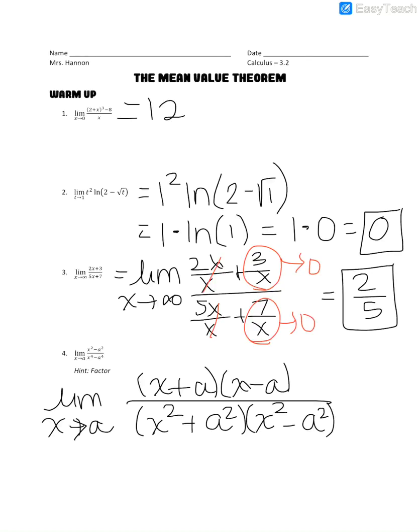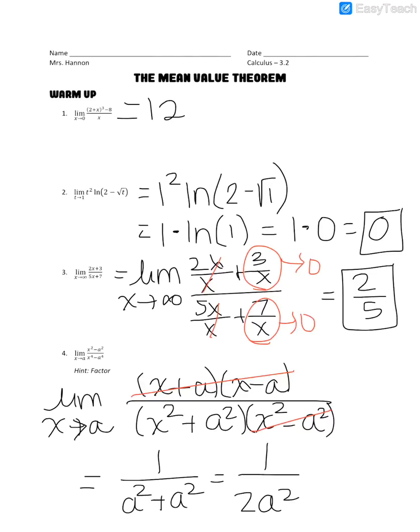And actually I'm noticing if I didn't factor the top, I would just cancel that x squared minus a squared, so I know that's this. So I'm going to cancel that. And then here I'm ready to go ahead and let my x become a. So this becomes 1 over a squared plus a squared, which is 1 over 2a squared.